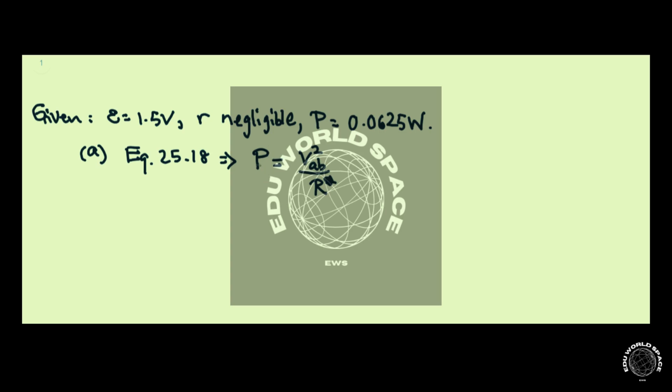So we have P and we have V, and we want to find R. So R is VAB squared over P, which is, since the internal resistance is negligible, it's exactly the EMF of the battery, which is 1.5 volts squared over 0.0625 watts. And this is 36 ohms.